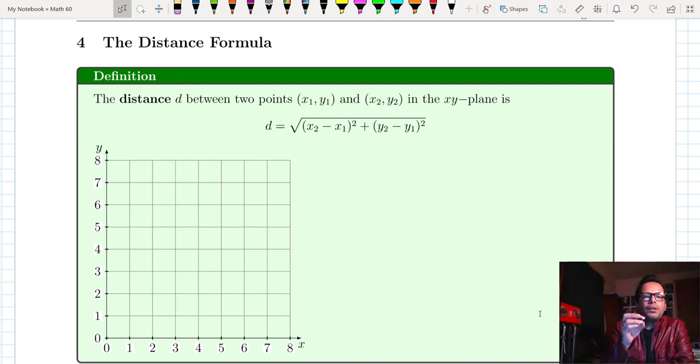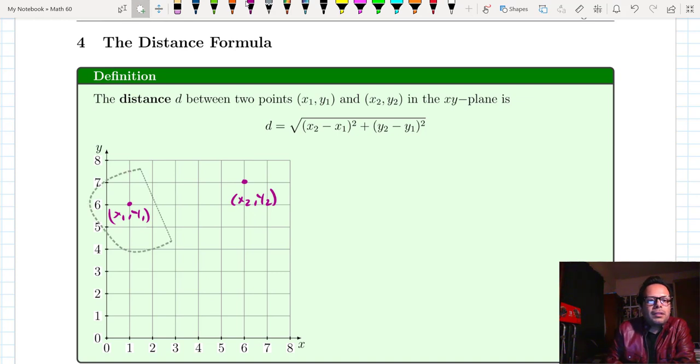Suppose you have a couple of points. A point x1 comma y1, and another point x2 comma y2. Well, let me actually move this a little bit down here and this one up here.